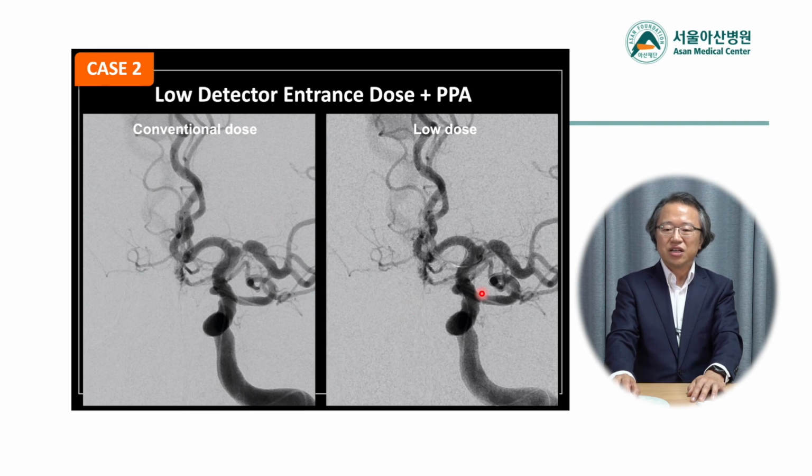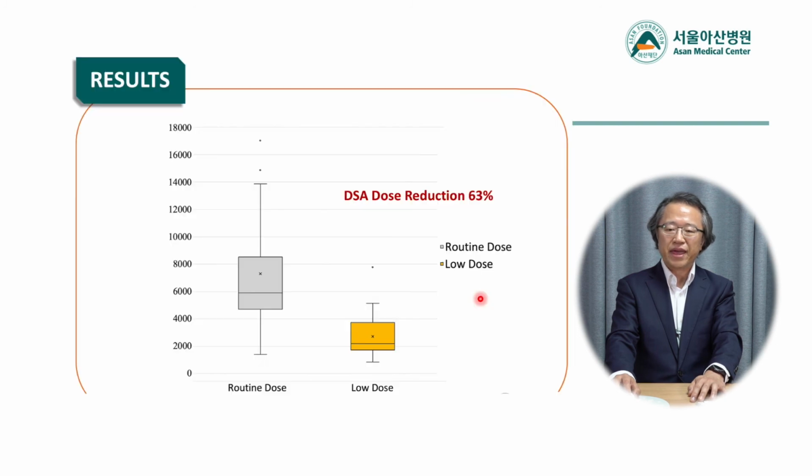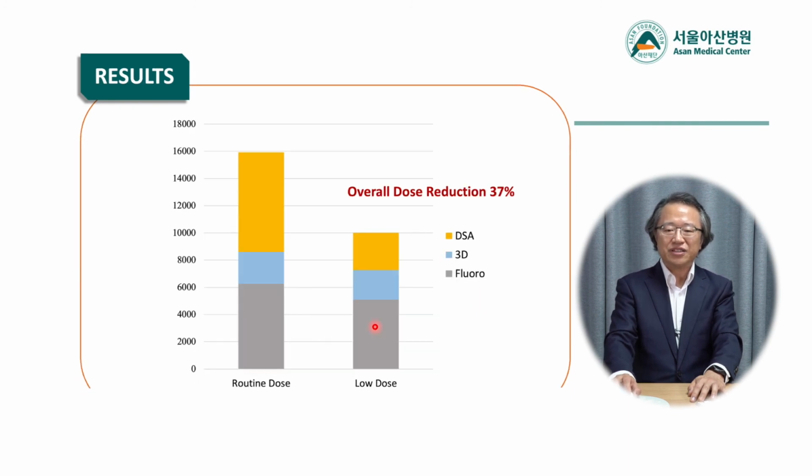We found this is enough as a control angiogram to see the embolization status. Needless to say, significant DSA dose reduction was achieved. However, total dose reduction was just 1/3. That was because other sources, which was fluoroscopy, remained the same.